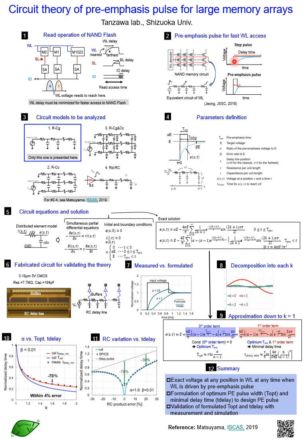Then we want to find the design equation with pencil and paper, to find the optimum pulse width as a function of pulse height, and delay time as a function of the word line RC time constant, word line pre-emphasis pulse height, and then the definition of delay time.